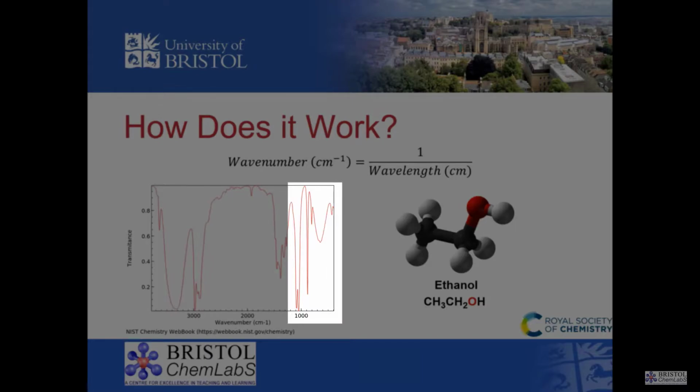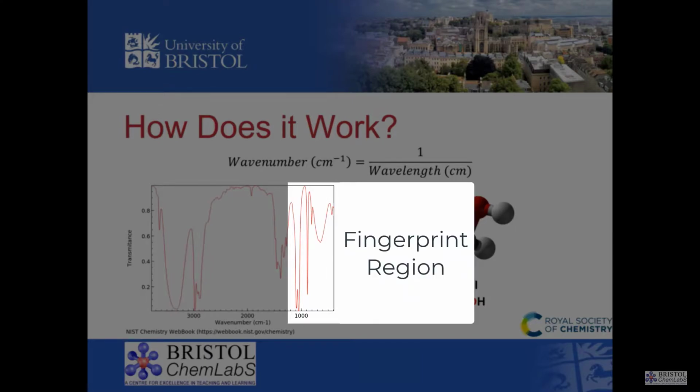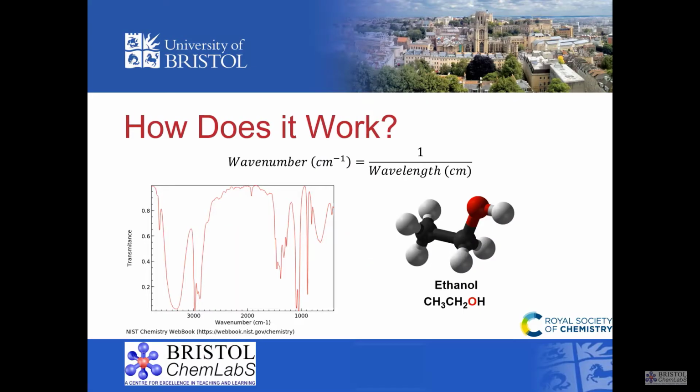The large troughs are a result of particular bonds in the molecule absorbing radiation, allowing for functional groups to be identified. The spectrum can conveniently be split into four regions for interpretation. From 4000 to 2500, you get the absorption of single bonds to hydrogen, for example, CH, OH, and NH single bonds.